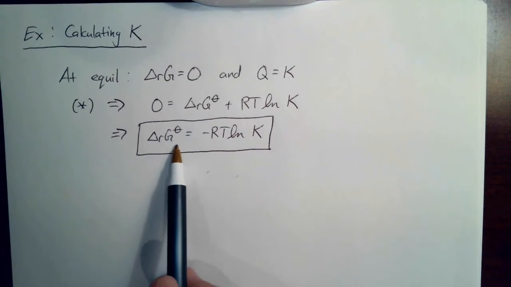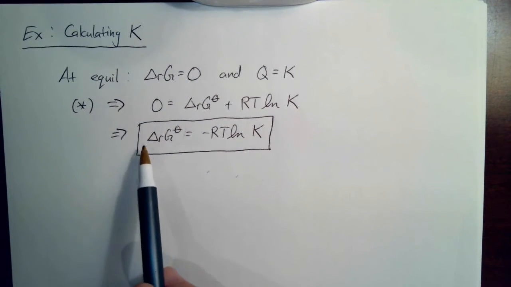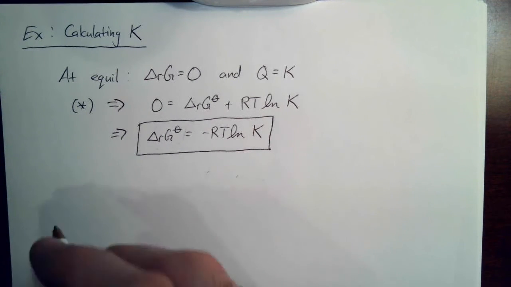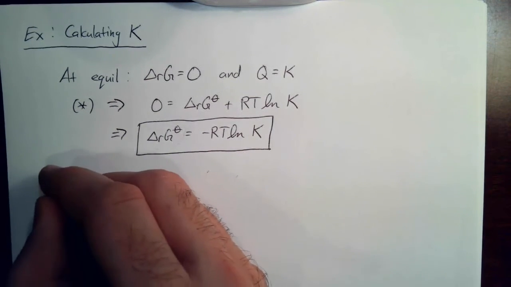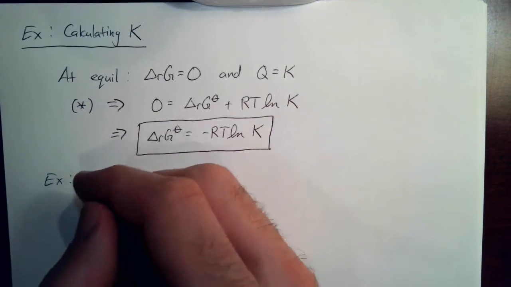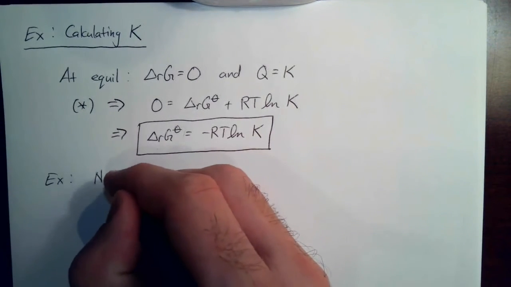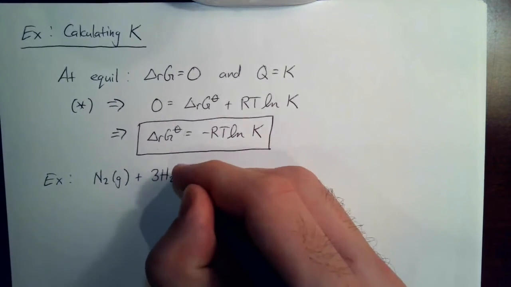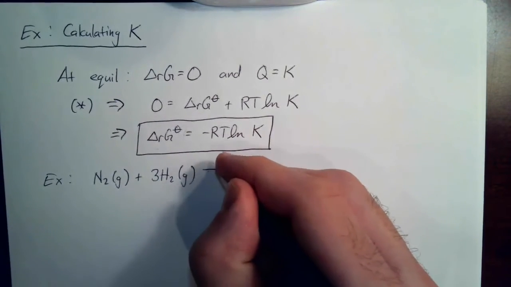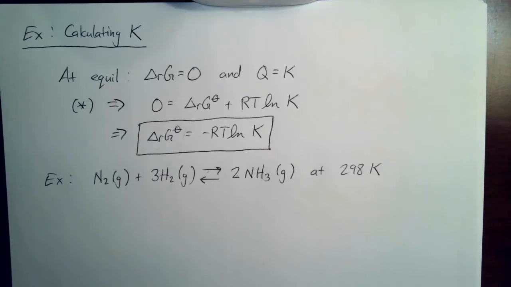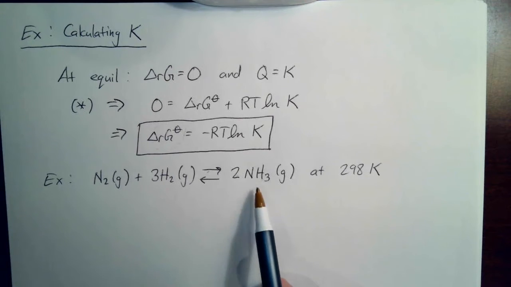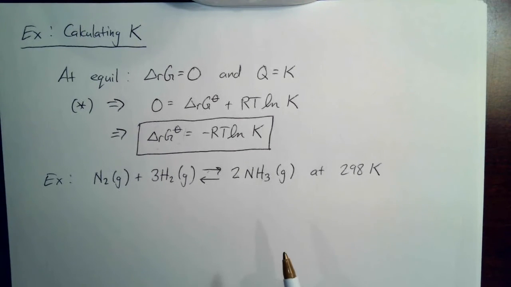As I mentioned earlier, this standard Gibbs energy of reaction is useful for finding K. So in this example, we're going to do the reaction nitrogen gas plus hydrogen gas is in equilibrium with ammonia gas at a temperature of 298 Kelvin.